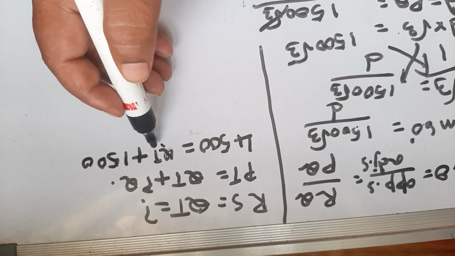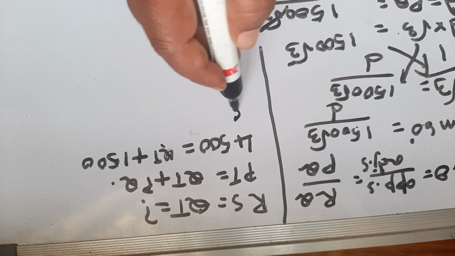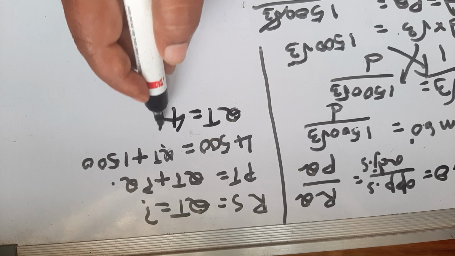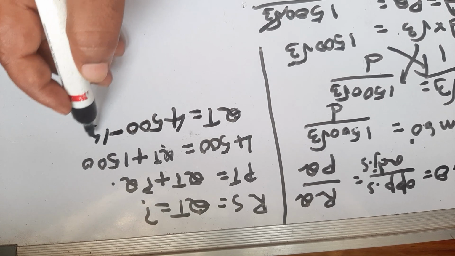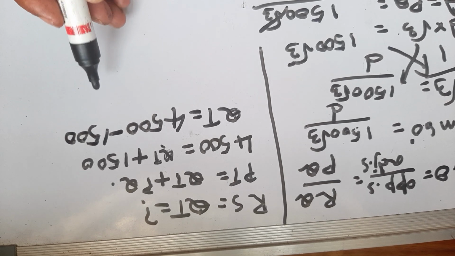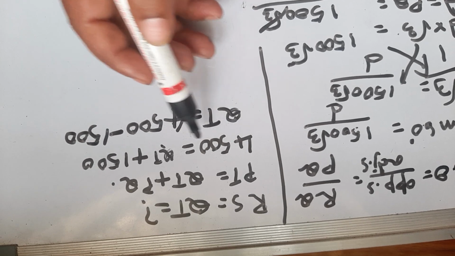So we need to find the QT distance, bringing this to the other side. QT is equal to 4500 minus 1500.